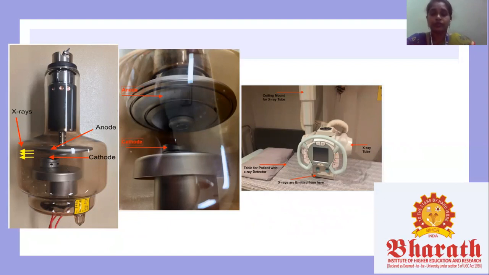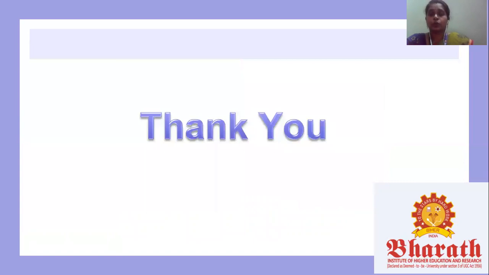And to the right, you can see the X-ray tube mounted, and you have a bed table on which the patient is made to lie down, and under it you have an X-ray detector. So this is how the X-rays are produced, and these are all the internal parts of the X-ray machine.